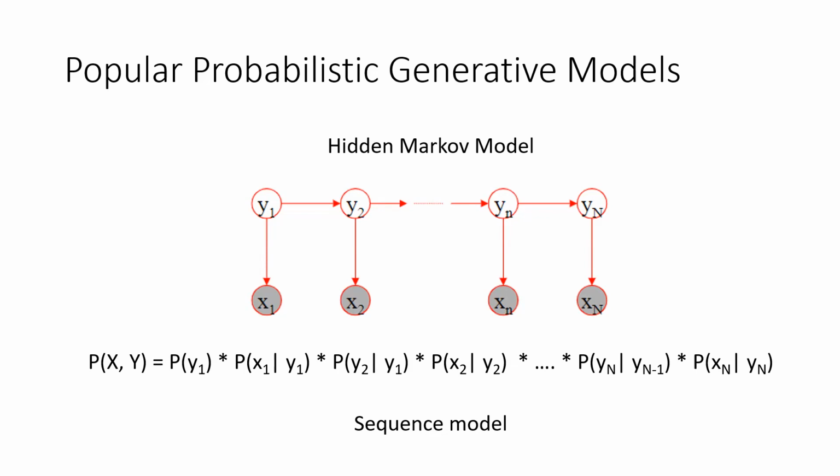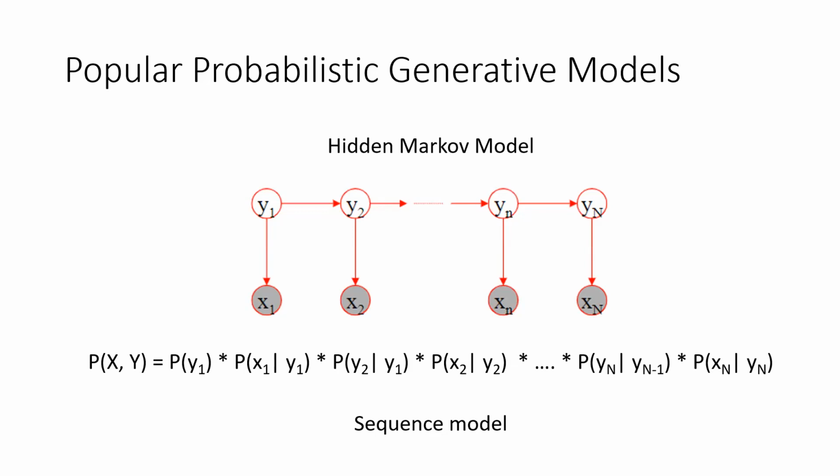Okay, and having said that, that actually defines the joint probability of the model, which is the joint probability of all the x's and all the y's. And as we said, every x only depends on its related y.